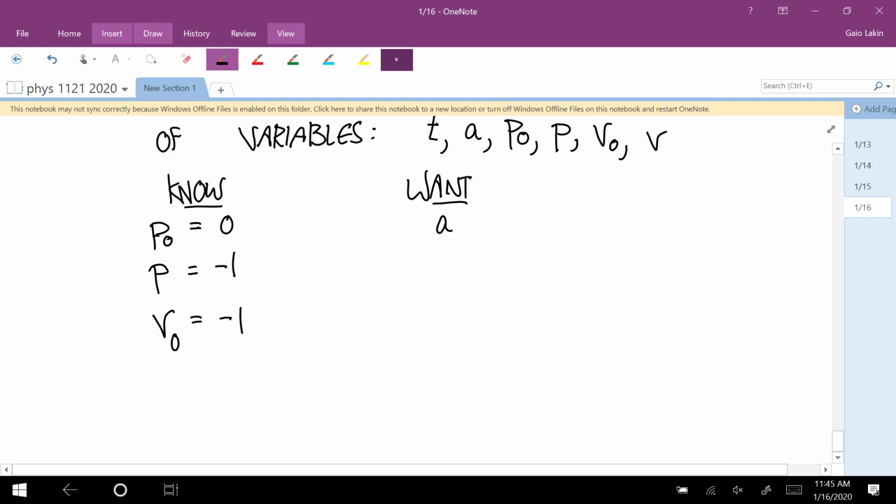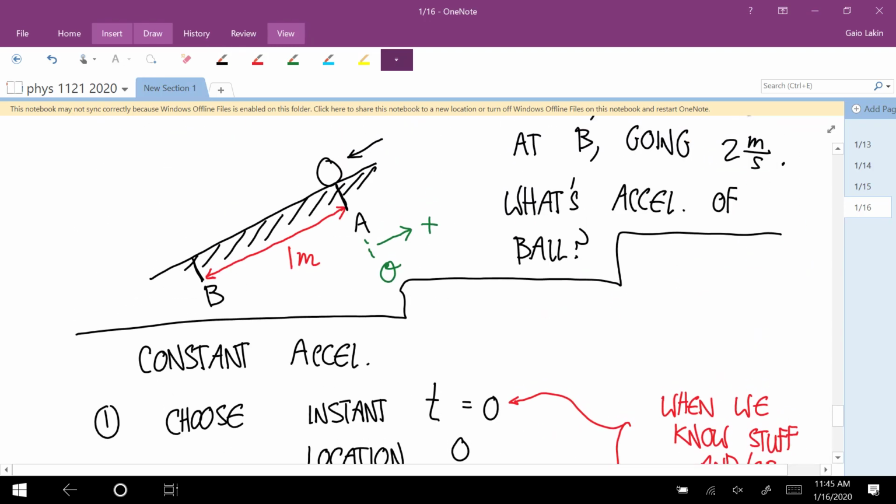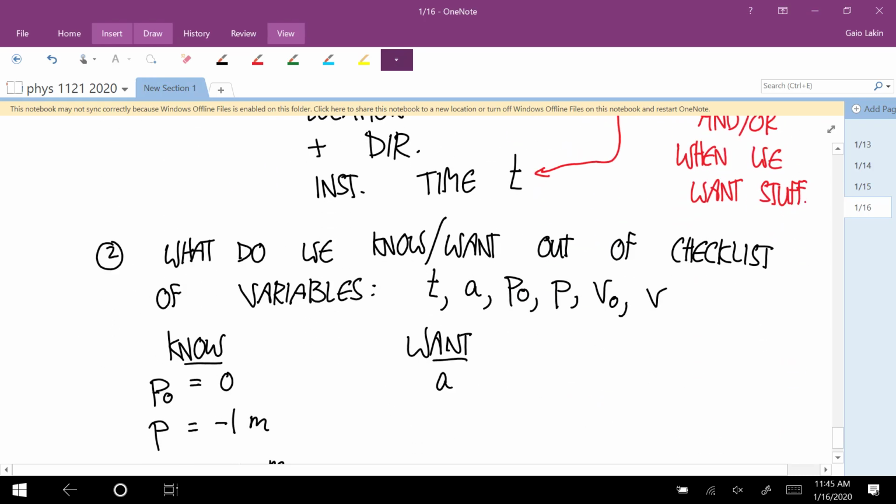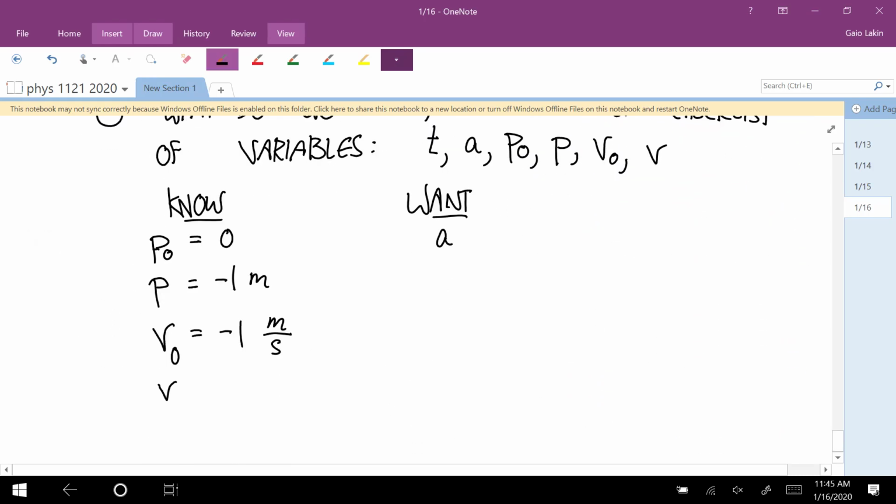I guess I'll put units on these. This is -1 meter per second. And then what about the velocity when it passes the point B? That's right. Yep. So V is equal to -2 meters per second.